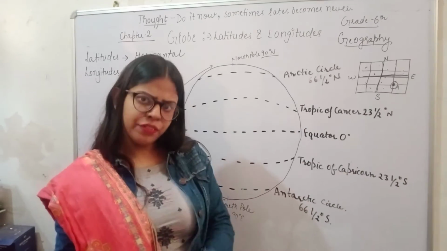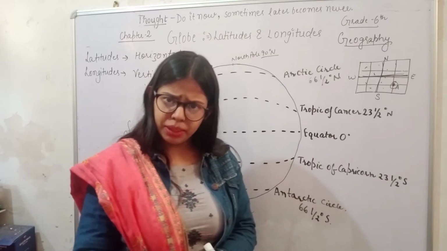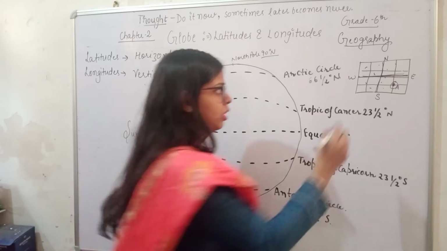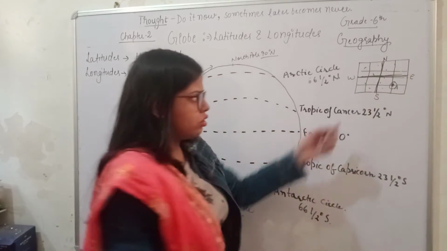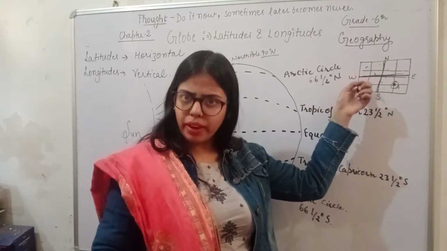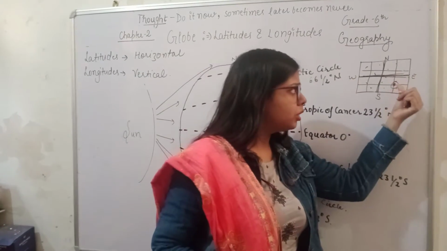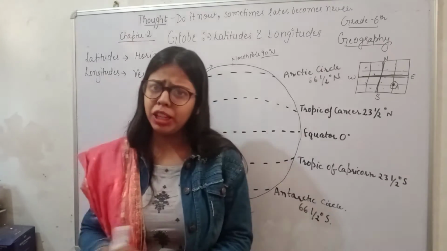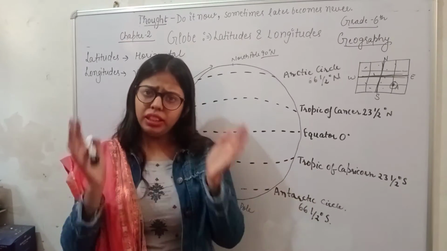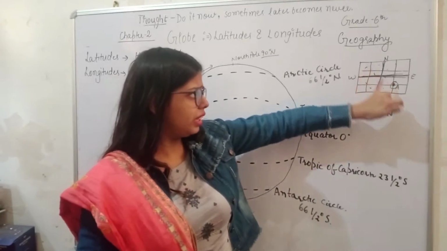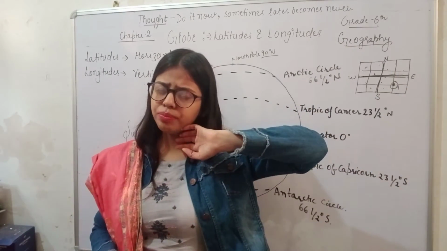As you know the cardinal directions, north, south, east and west. So if I mark the point A here, I will easily be able to tell her the location of my house. Now she can easily come to my house, right?